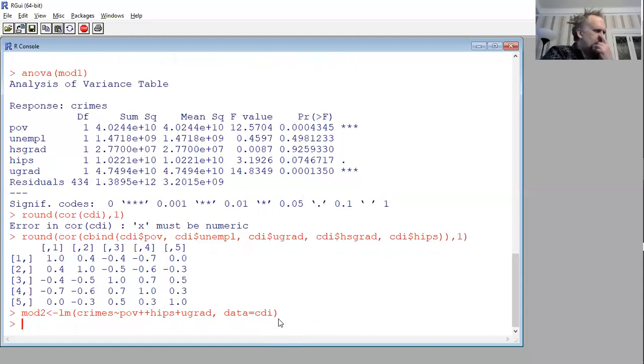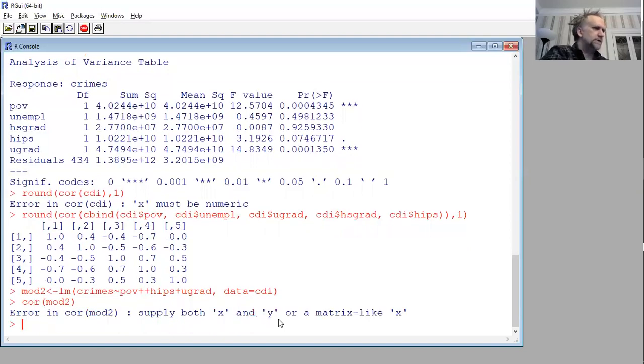Okay, so with mod 2 now defined this way, let's look at, by the way, I think I can do a correlation on mod 2. Let's see what happened. No, it didn't work. Okay, but we know how these are pairwise correlated anyway from up here.